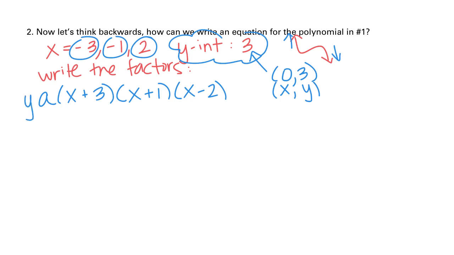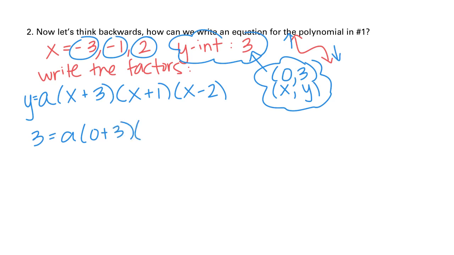So I'm just going to put a y equals in front of this, and then I'm going to go ahead and plug in my point here for x and y. So y is 3, and we need to use this information. The point of doing this is we're going to figure out what the a value is. I'm plugging in 0 for x. And then I'm going to simplify.